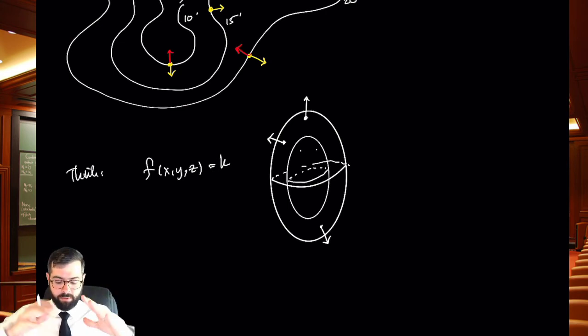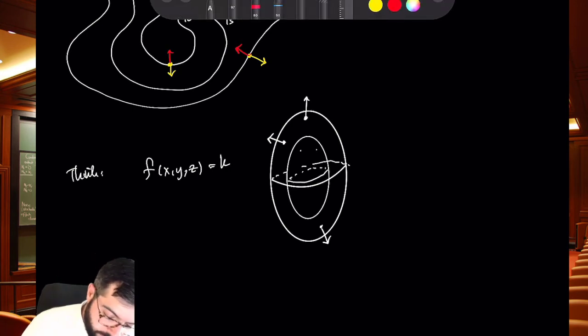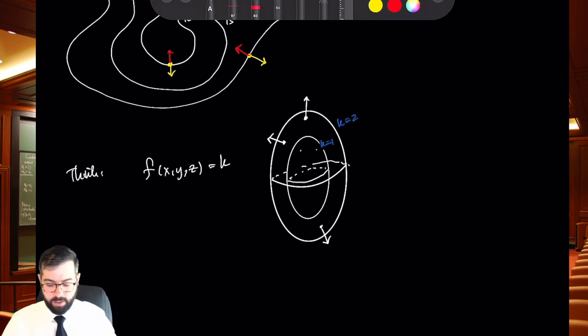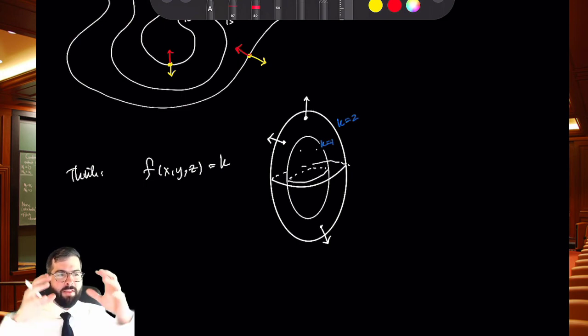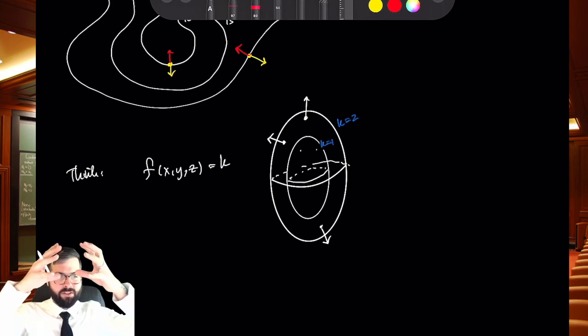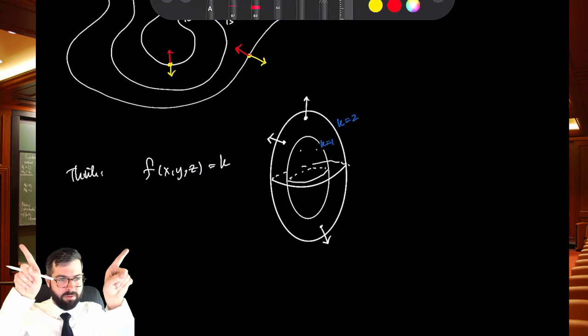If you think about, this was like k equals 1, here's k equals 2. Think about if you're on the shell of the level surface of this thing at k equals 1, it forms this ellipsoid, and the next one at k equals 2 is out here. What's the fastest way to get to the next level? It's out, right?